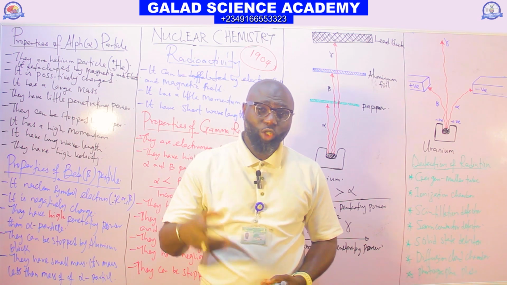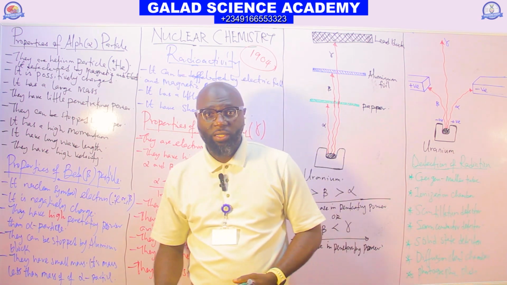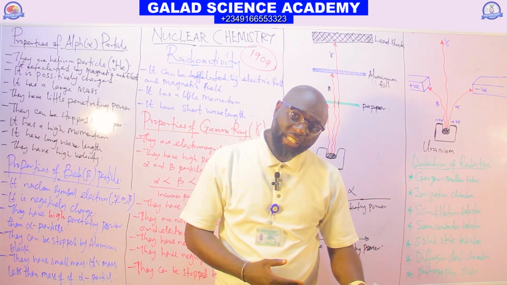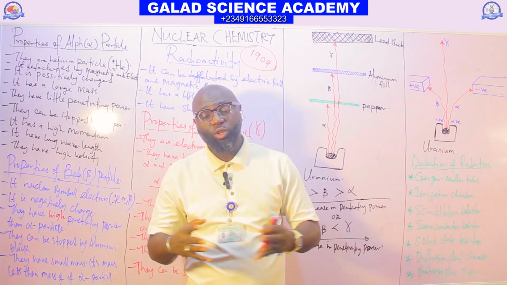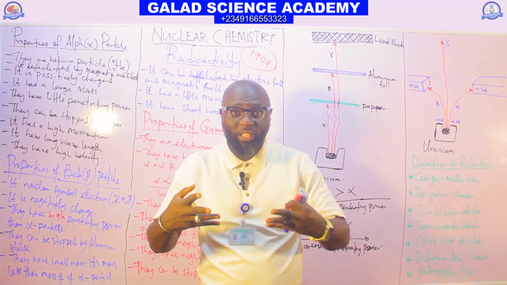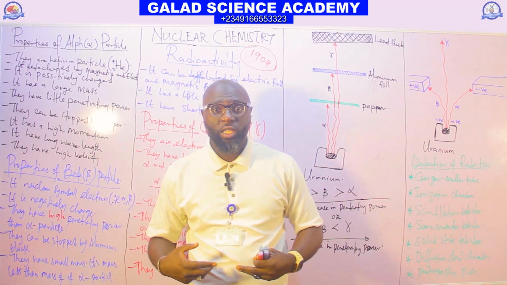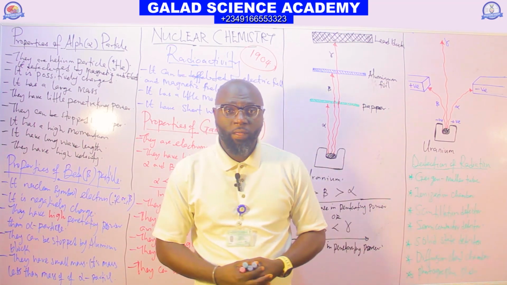Why is it that not all elements in the periodic table are radioactive? Some are radioactive elements while others are not. What makes a radioactive element emit radiation? That's what we are going to treat. Now, let me rub the board.